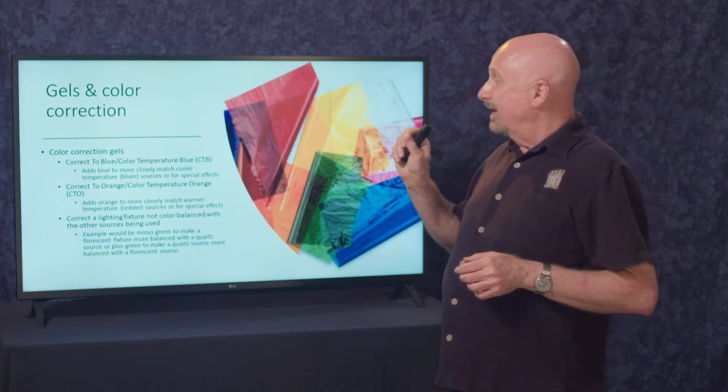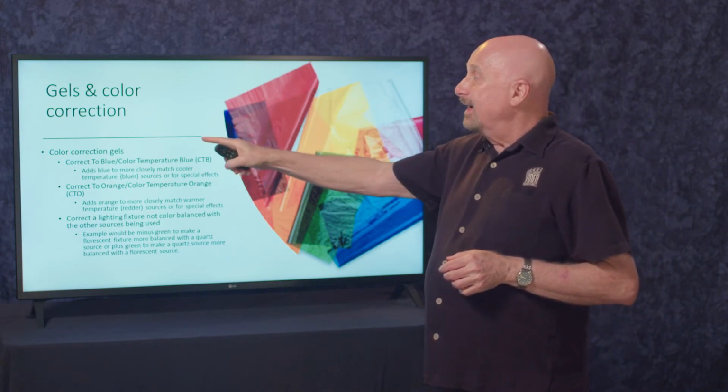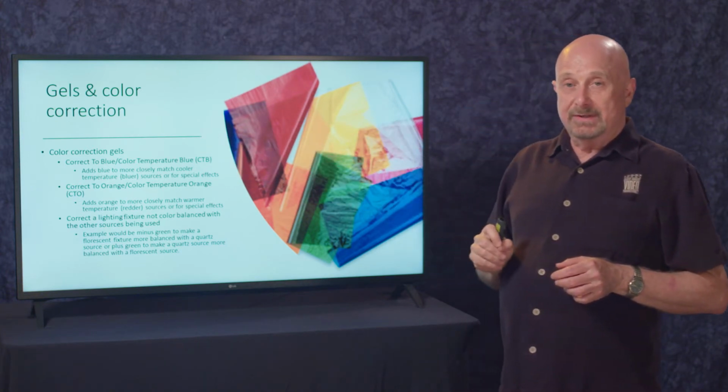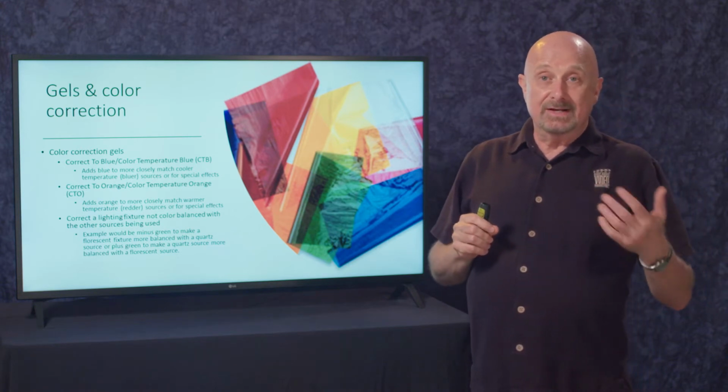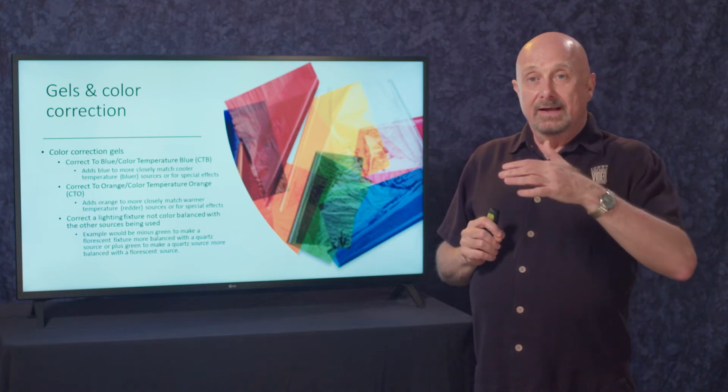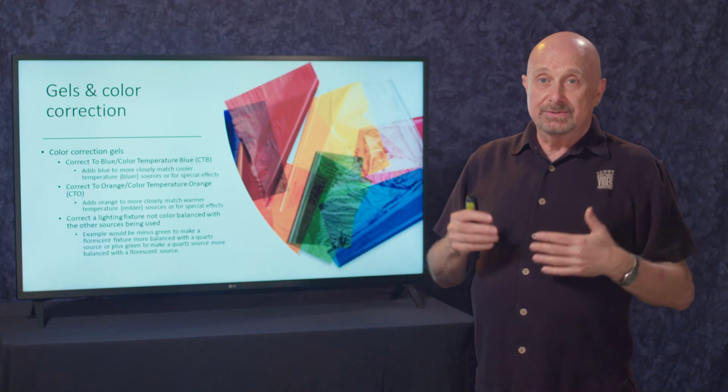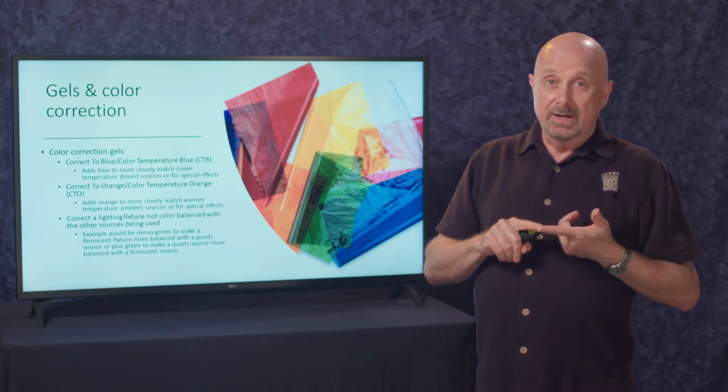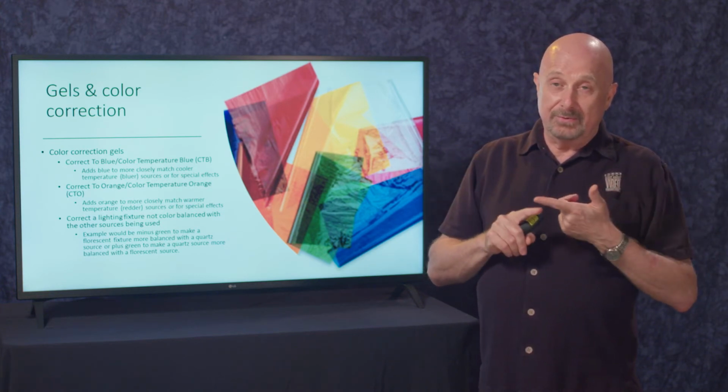So we've got color correction gels, which typically would be correcting sunlight or indoor light to match. So there's correction to blue, or color temperature blue. I've heard it both ways.